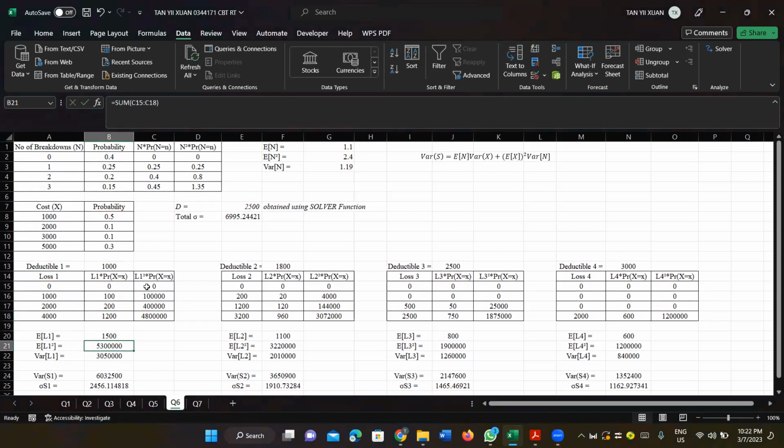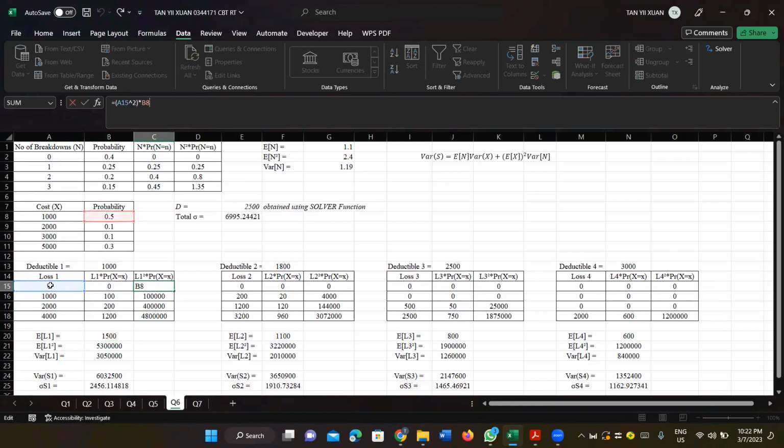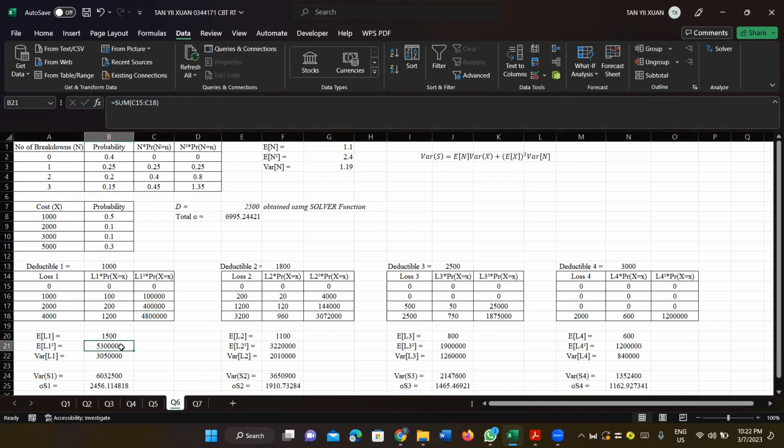The expected value of L squared is the same: we multiply the squared losses by the probability, and then add it up to get the expected value of L squared. Then we can get the variance of L, which is the expected value of L squared minus the square of the mean.